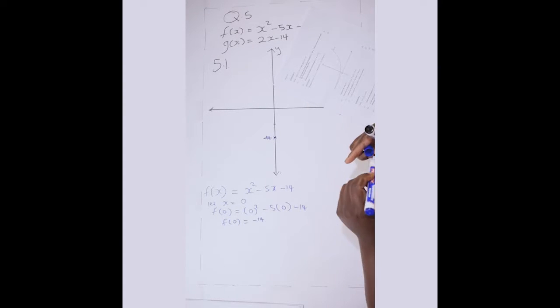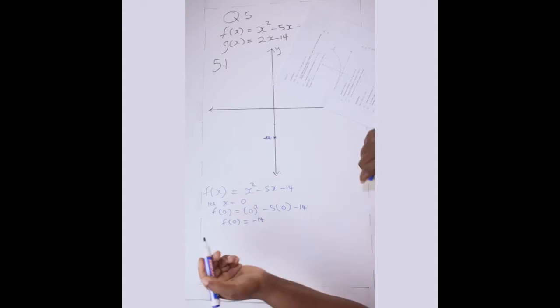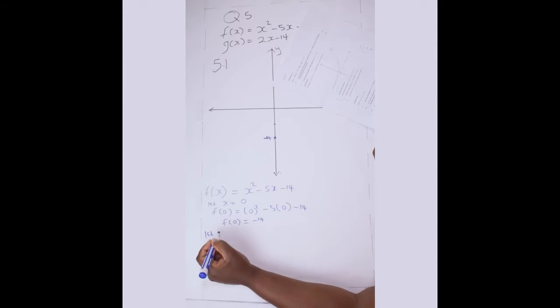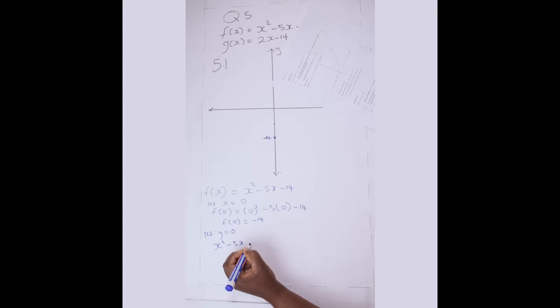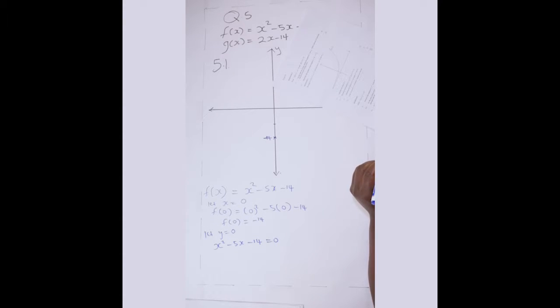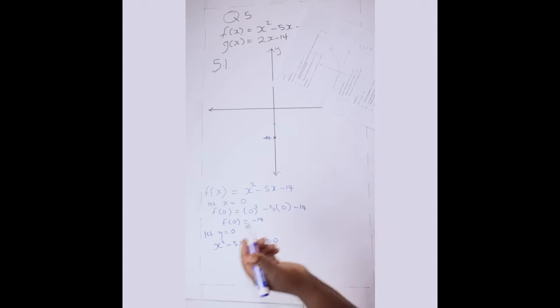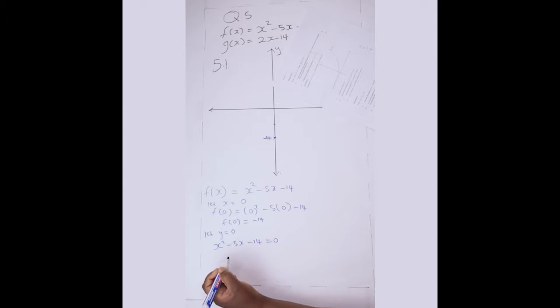To find the x-intercept, we will have to let y be equal to 0. By doing that, we are left with something that is factorizable. If not factorizable, remember that you can still use the quadratic formula to find the solution. So if it can be factorized, we can quickly factorize.